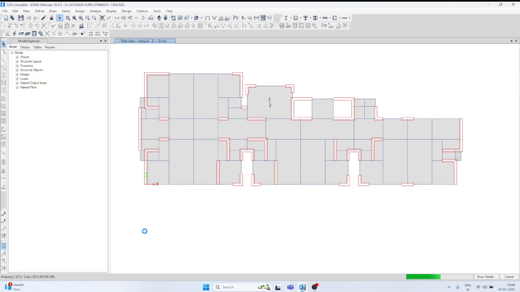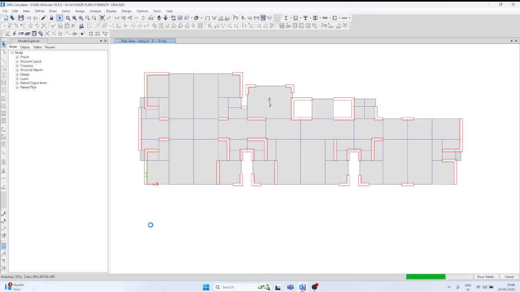But suppose it is stuck at 45% or 40% and not increasing for 5 to 10 minutes, then you have to cancel the analysis and go back and check in modeling what the problem is, because many times these things happen. Okay, 59% is completed.